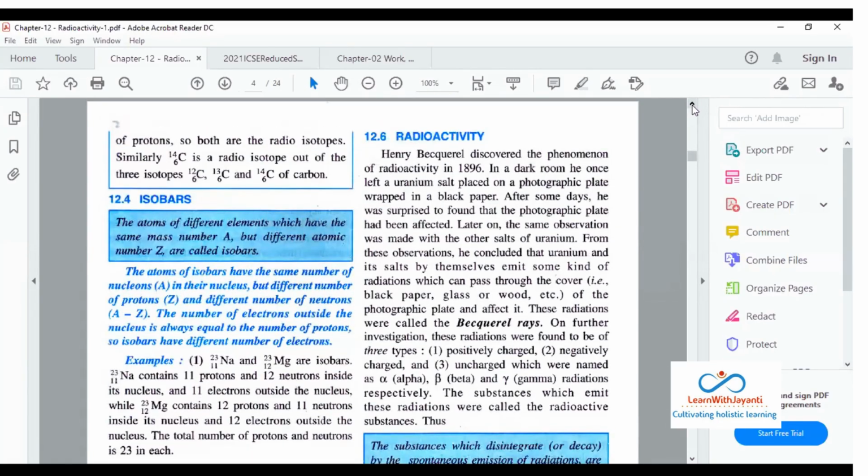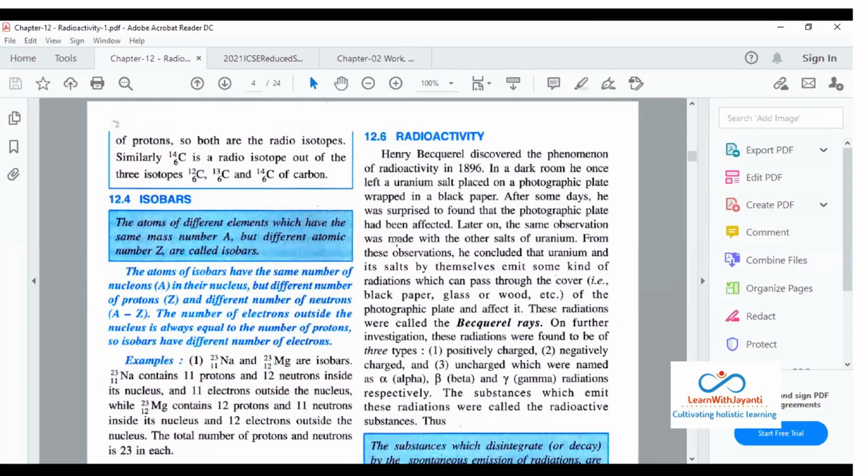Now the main thing that has come is called radioactivity. How did they discover this? Henry Becquerel discovered the phenomenon of radioactivity in 1896. In a dark room, he once left a uranium salt placed on a photographic plate wrapped in black paper. After some days, he was surprised to find that the photographic plate had been affected.